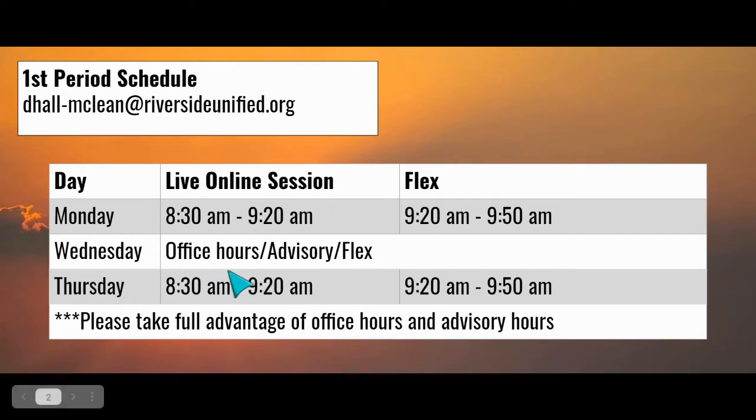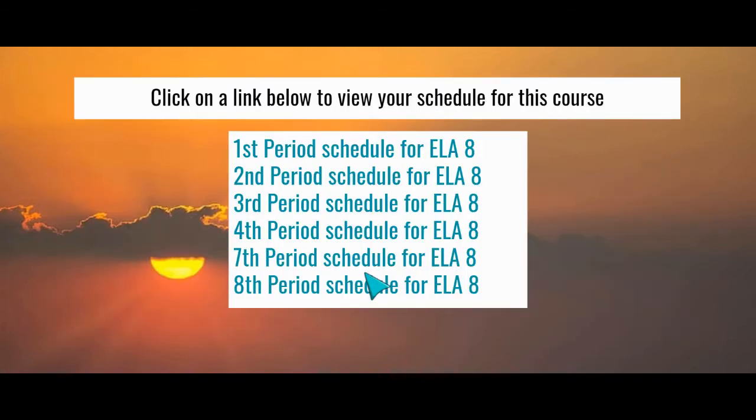Wednesday is if you have any questions or your parents have any questions or you want to meet with me about anything, we could do that in office hours. And we also have advisory on Wednesday. You would go to whoever you went to for advisory yesterday, that's who you would go to for advisory on Wednesdays. And then we also have flex and independent work time.